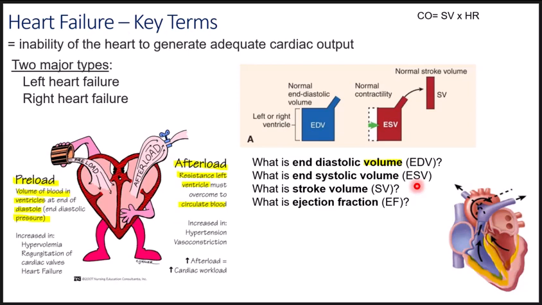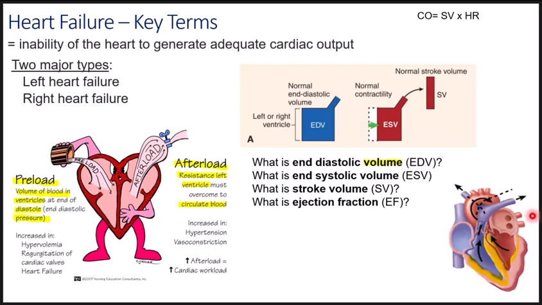There are certain states and conditions that can increase afterload. If we increase afterload, it means that the ventricle has to work harder to push blood through. One of the examples that we're going to be talking about today is atherosclerosis. I want you to think about the systemic arteries, many of them filled with atherosclerotic plaques that harden the vessels.